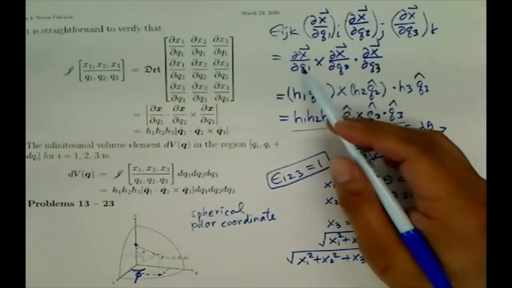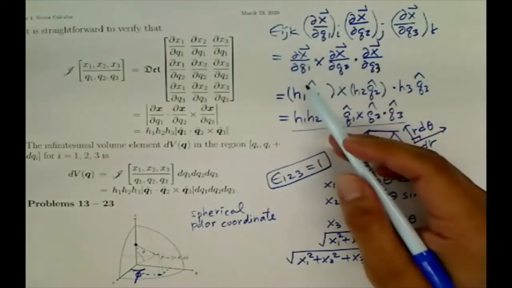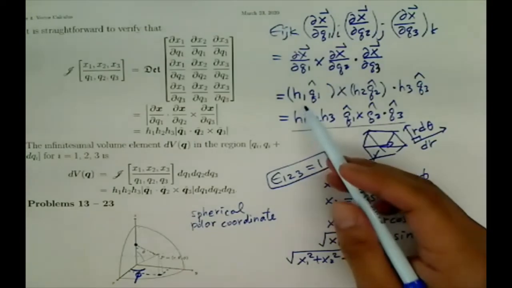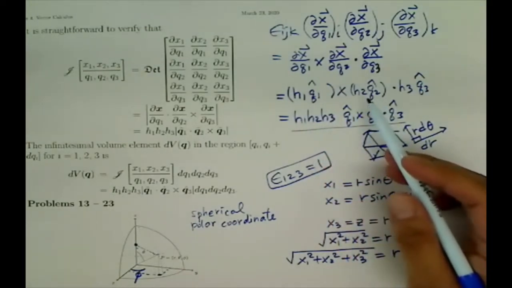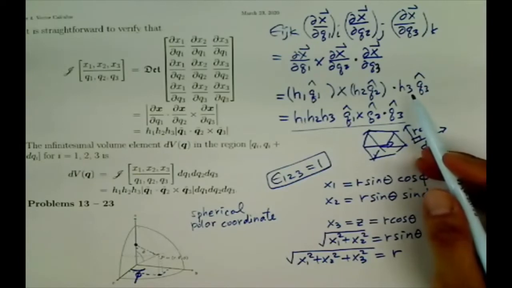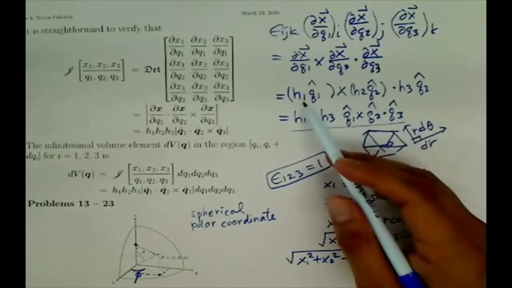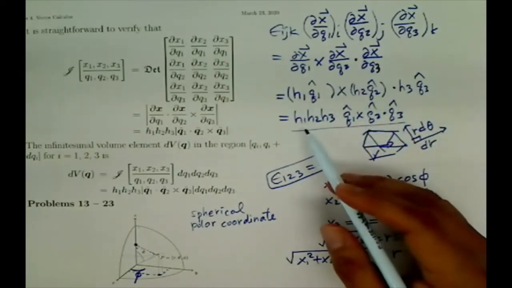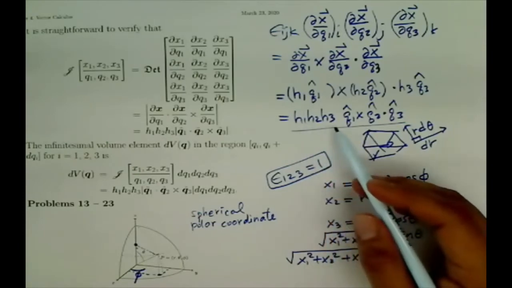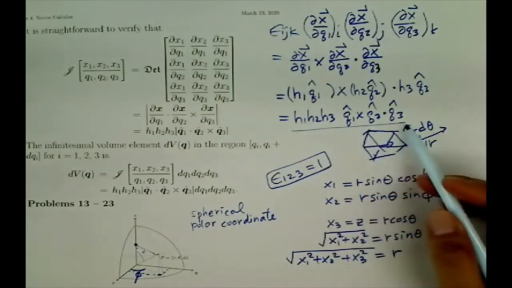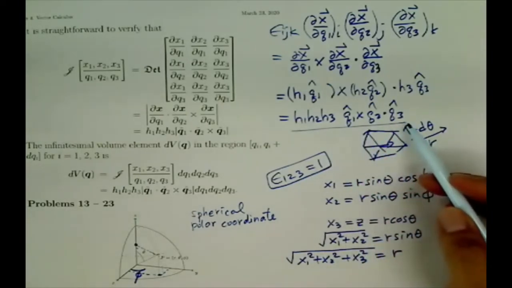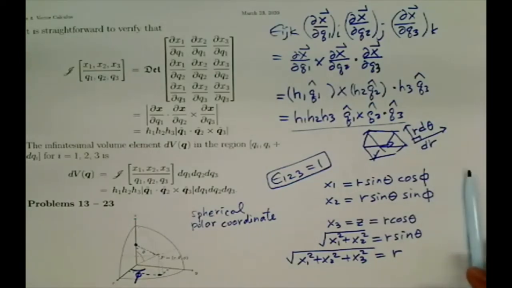Each of them has a magnitude, and that magnitude is just the scale factor along q1, q2, and q3. If I pull out these three scale factors, they combine to give h1 h2 h3. And we end up with a triple scalar product of three unit vectors in three-dimensional space.